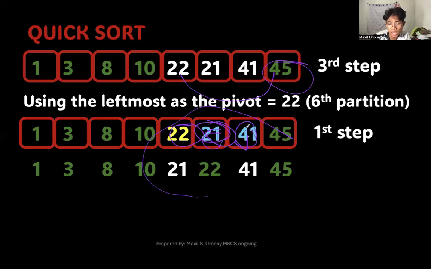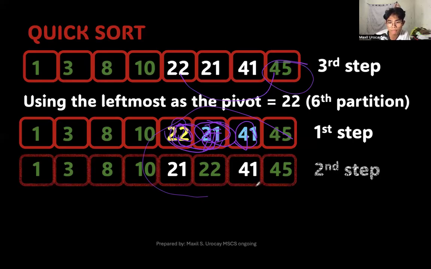And J is greater than the value of 22, so that is already in place. So your goal is to check where we can put 22. 22 is greater than the value of 21, so therefore swap the two. So 21 will be here, and 22 will be here. So we swap that in the second step, and 22 is already sorted.